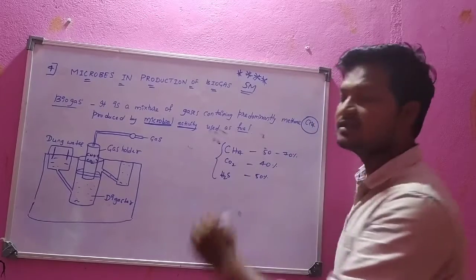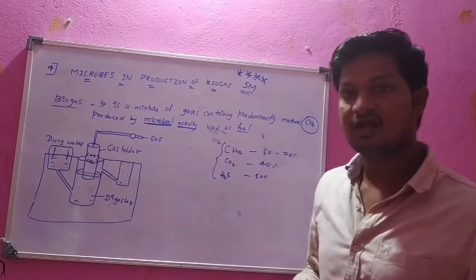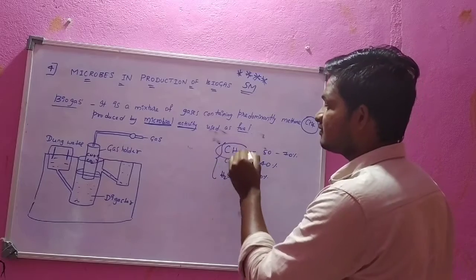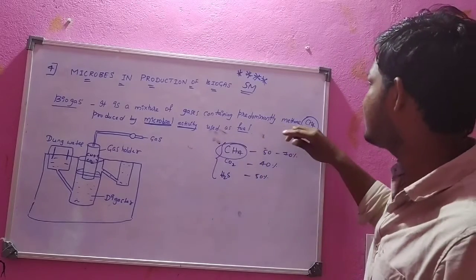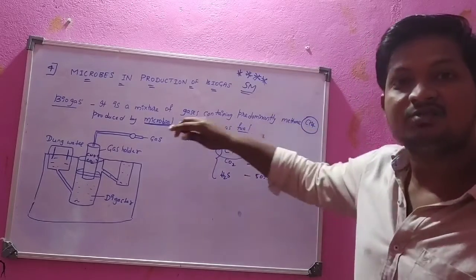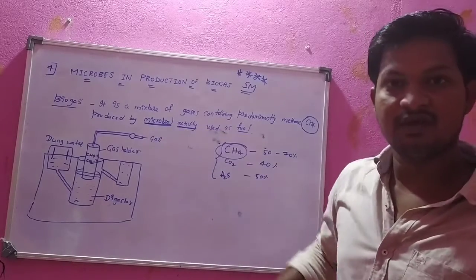Like this, it contains a mixture of gases, and among them the major predominant gas is methane. It is produced by microbial activity.